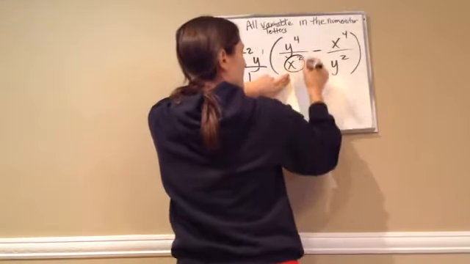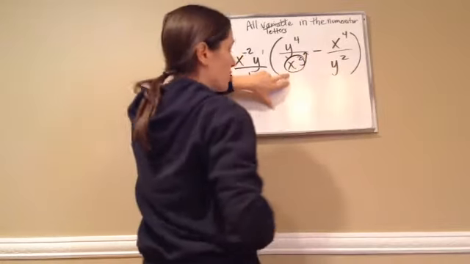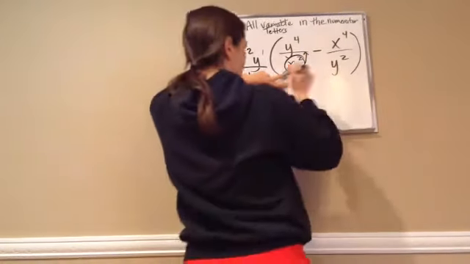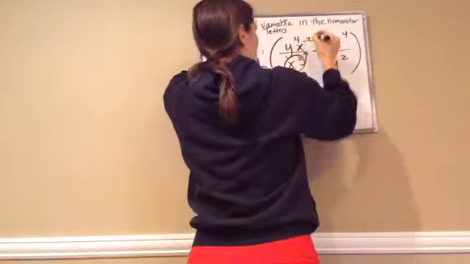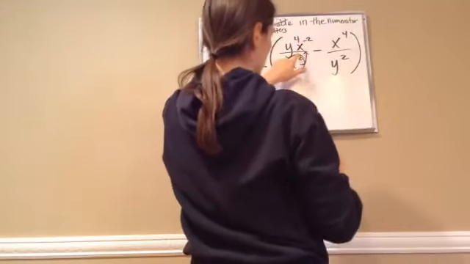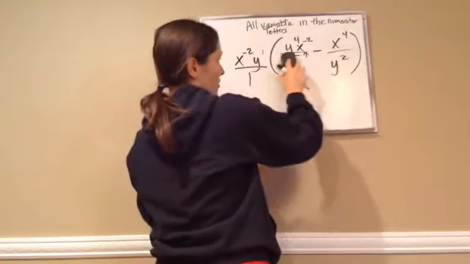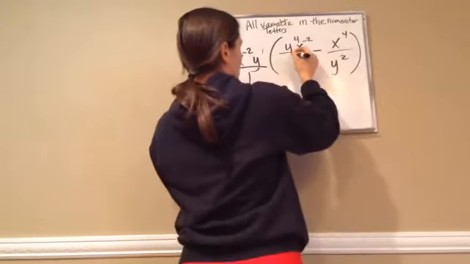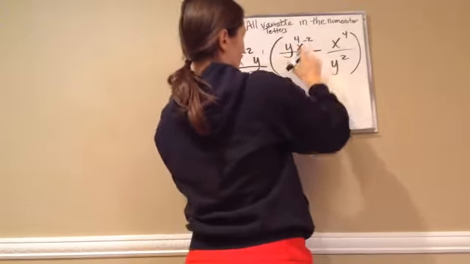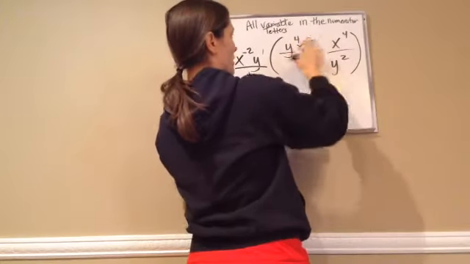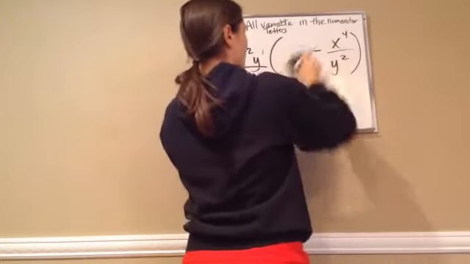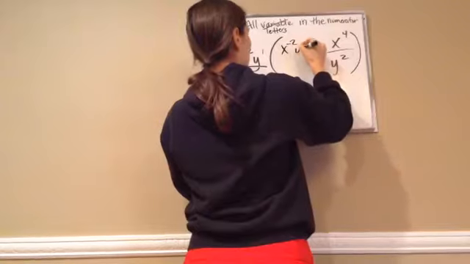If I were to take this x squared and move it up to the numerator, what would it become? X to the negative squared. Okay? So I'm just working on this portion now. I'm going to write this in alphabetical order, just because I think it helps me. So I'm going to take x negative squared and then y4. X negative squared y4.